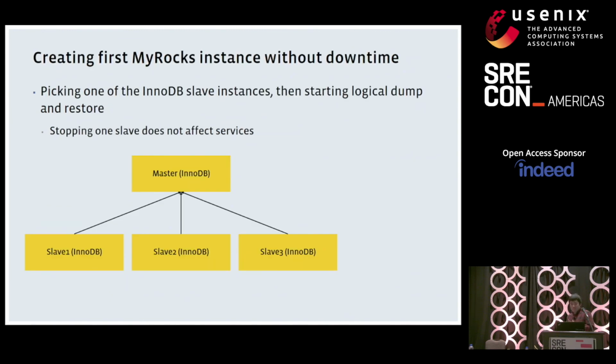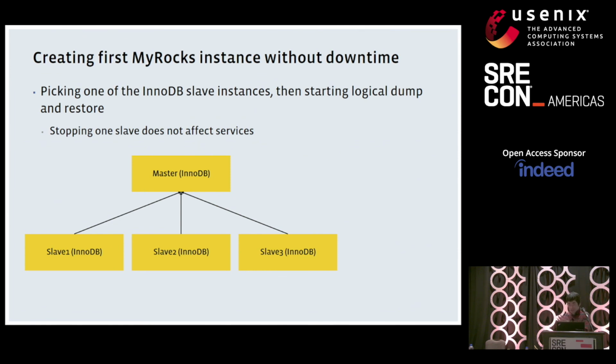The first step was creating a MyRocks instance without downtime. MySQL has traditional master-slave replication, with a primary and replicas. All writes go to the master, and most reads are served from the slaves.